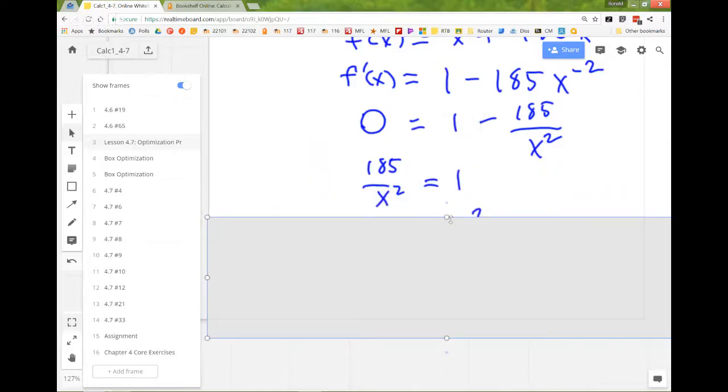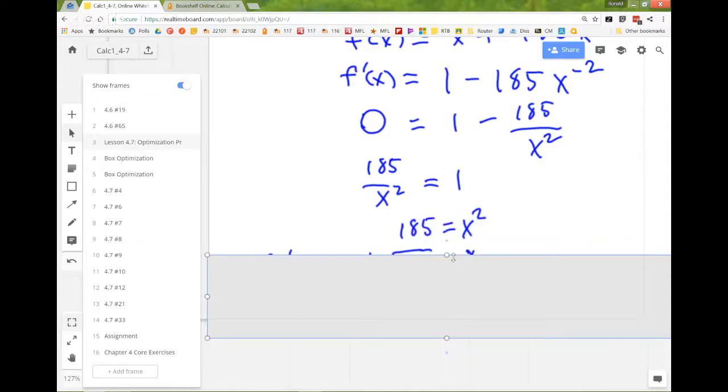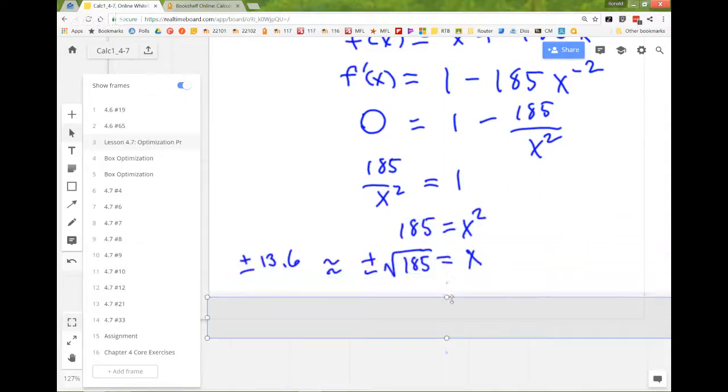And what I did is I added 185 over x squared to both sides. Multiply both sides by x squared. Take square roots. I make the comment that there's really two of them, right? There's two square roots of 185, plus and minus. So plus and minus about 13.6.